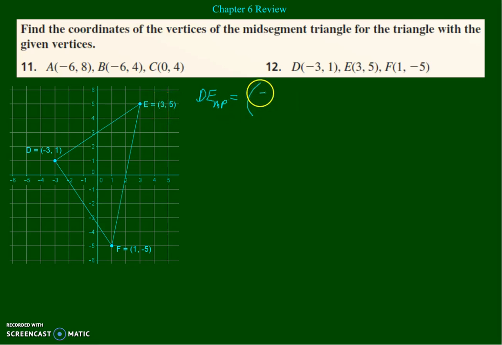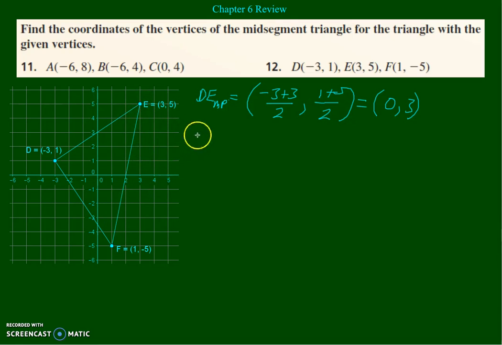So -3 plus 3 over 2, and 1 plus 5 over 2. -3 plus 3 is 0, so that's 0. And 1 plus 5 is 6. 6 divided by 2 is 3. So we have 0, 3.